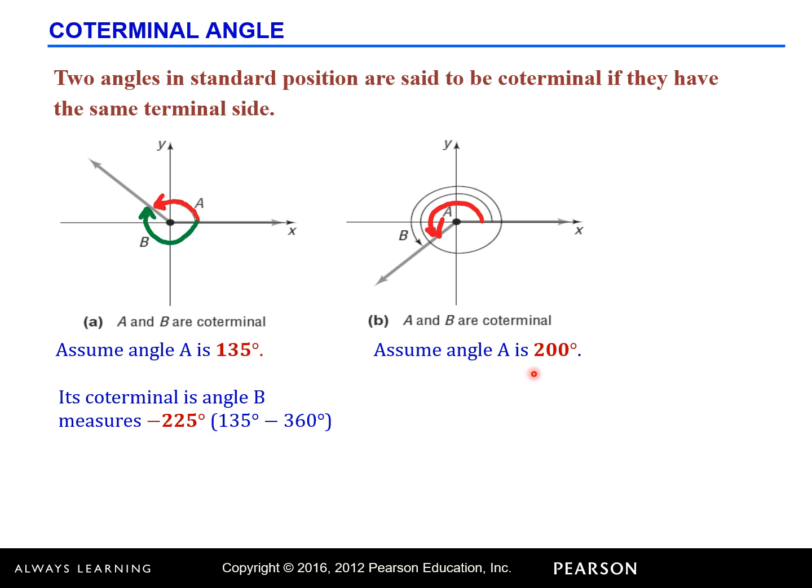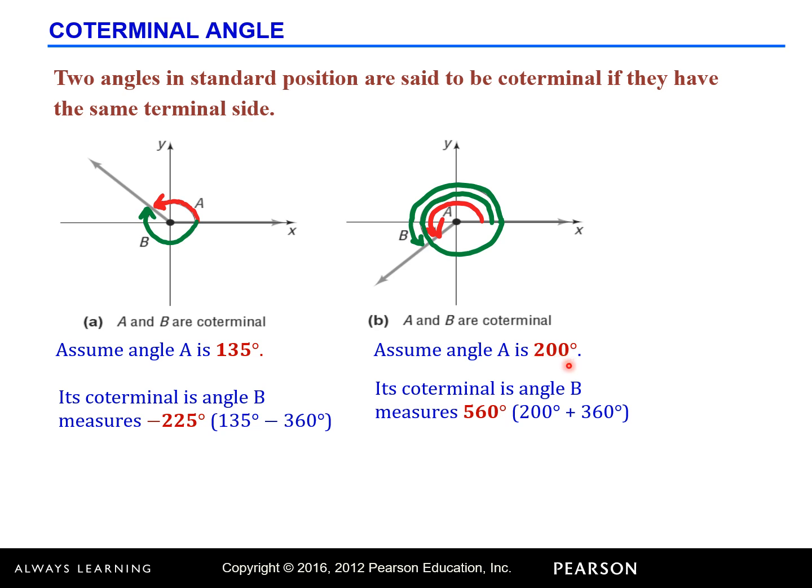You can see that angle B is more than one rotation, so the measure of angle B can be found by 200 degrees plus 360 degrees, which is equal to 560 degrees. So 200 degrees and 560 degrees are coterminal angles. As you can see, we can form coterminal angles either by adding 360 degrees or subtracting 360 degrees.